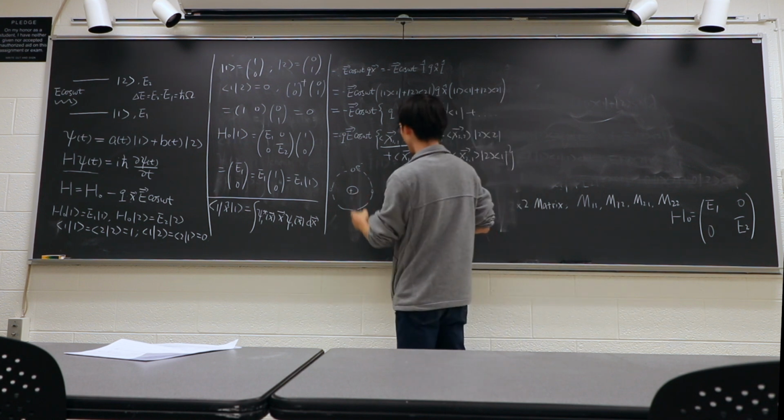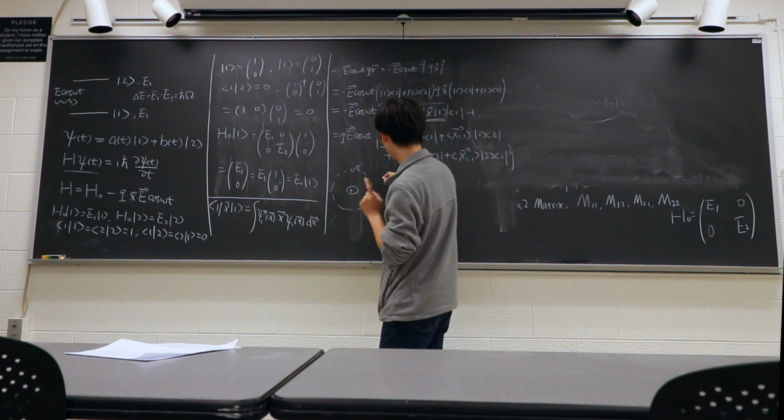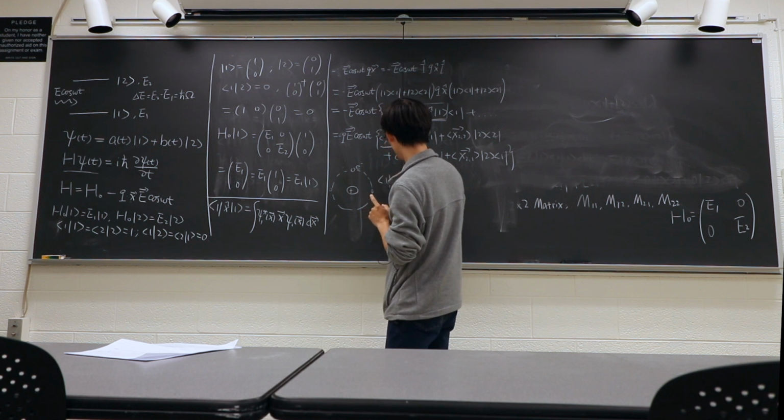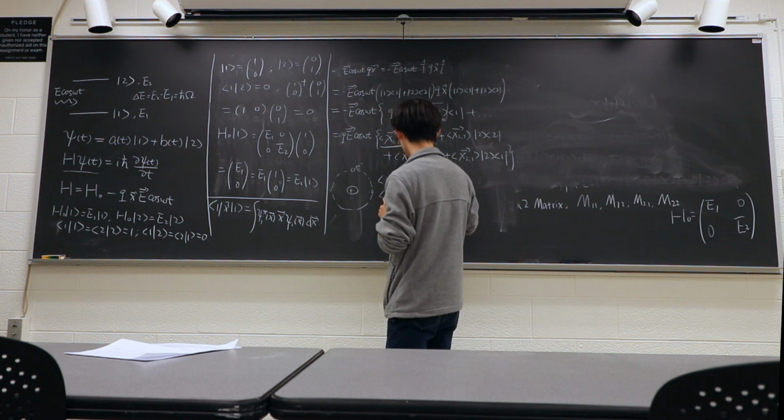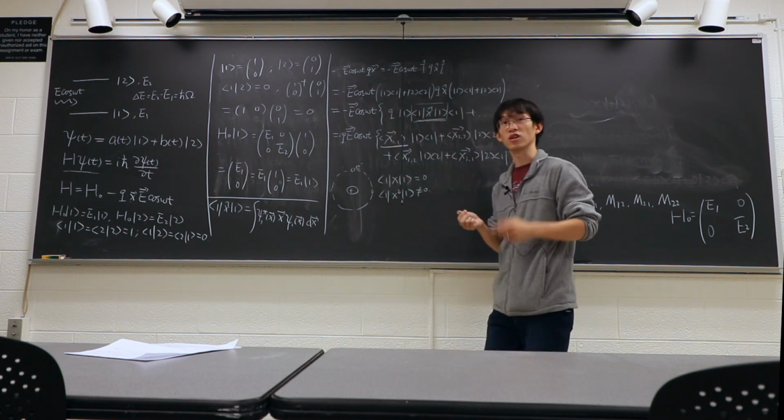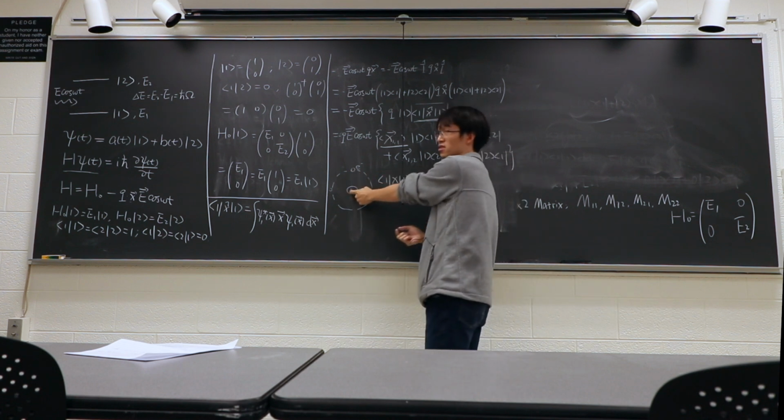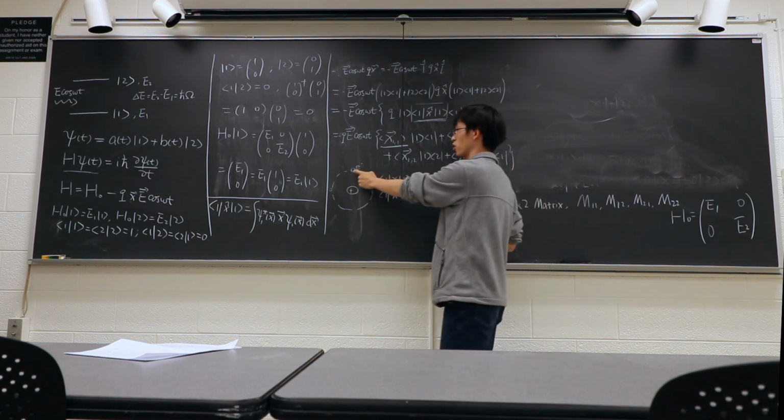Okay. So the average value. Let me make it very clear here. This one is 0, but this one is not 0. Okay. We're not saying the atom is at the center. We're not saying the molecule is at the center.